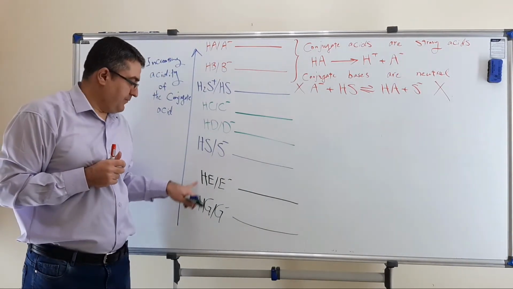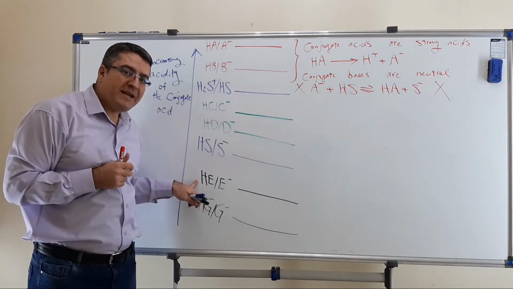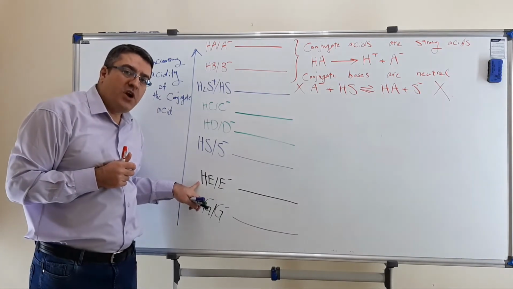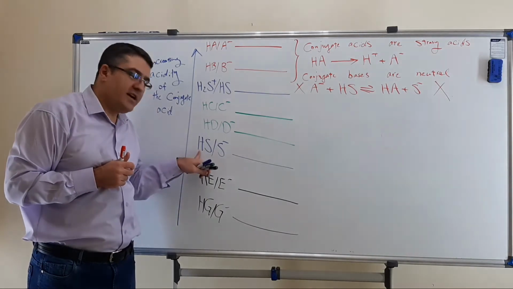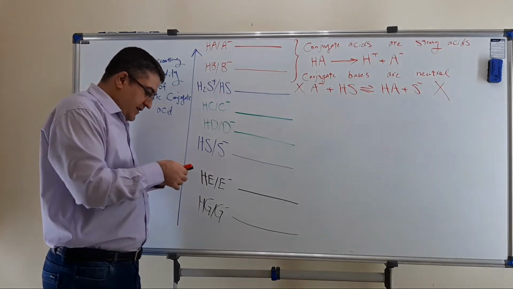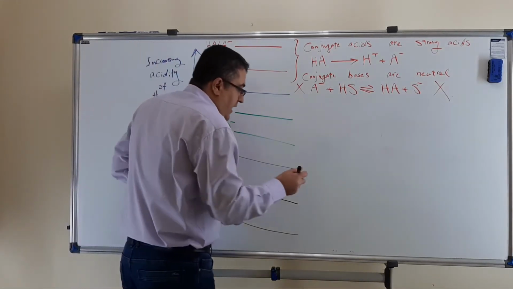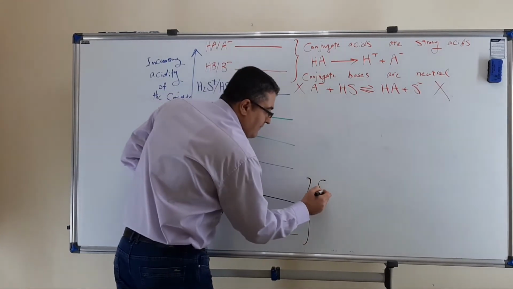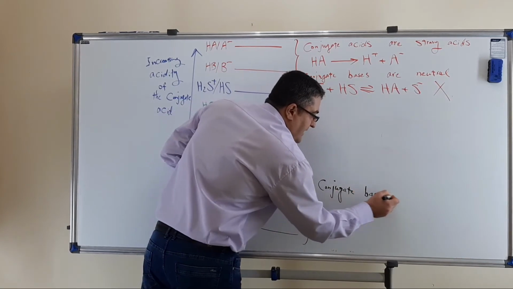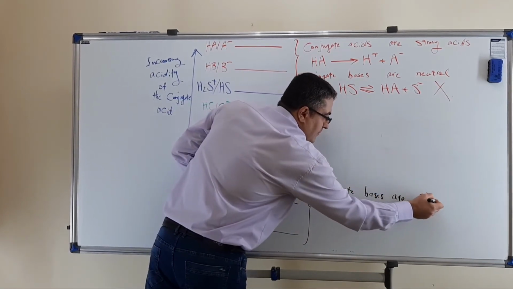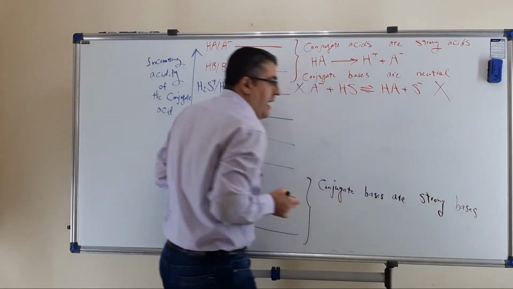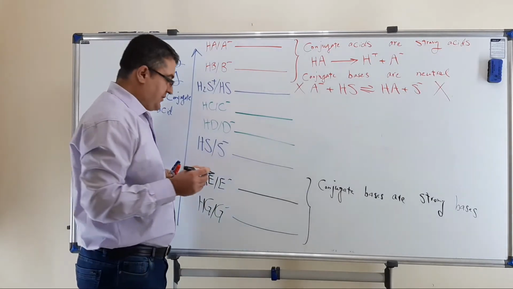In this case, for conjugate acid-base pairs whose conjugate acid is weaker than the solvent as an acid, we consider that the conjugate bases are strong bases. And we assume that the base dissociation reaction is complete.